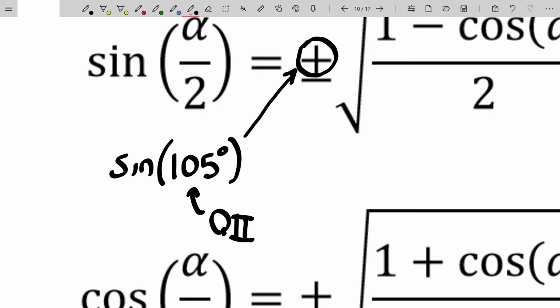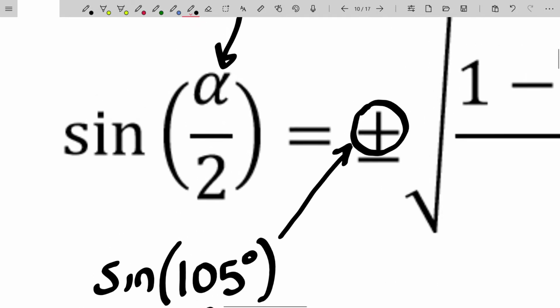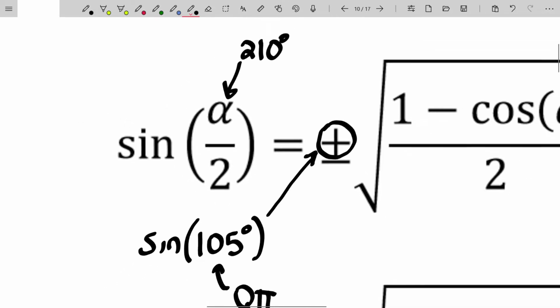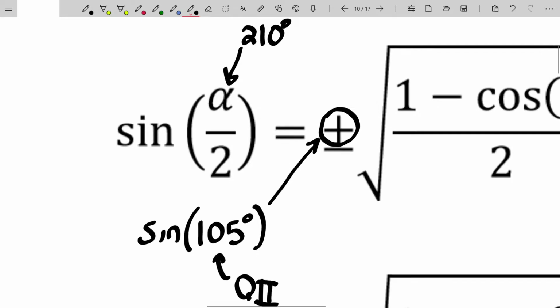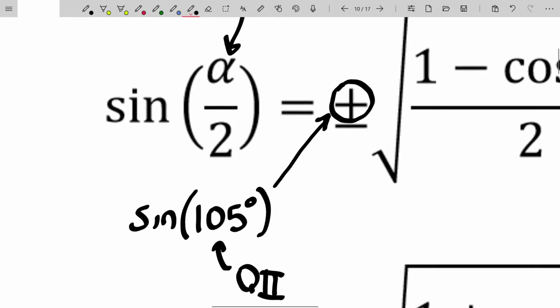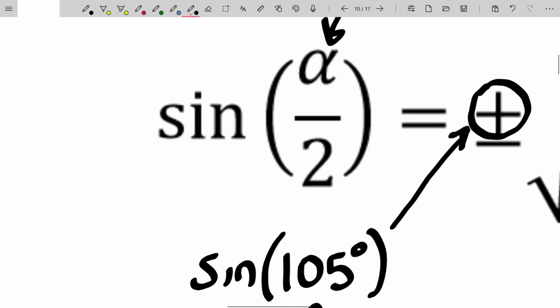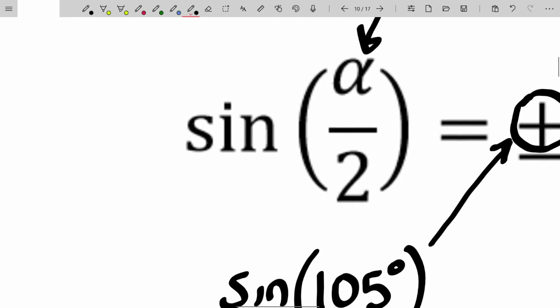And that's how I would do this: every time you deal with a half angle formula, first of all, you have to be given the regular angle. Well, you don't have to, but in general, you are given the regular angle. You'll take half of that. You'll determine what quadrant that half angle is in, and then use the fact that if it's in quadrant 2, sine is positive.